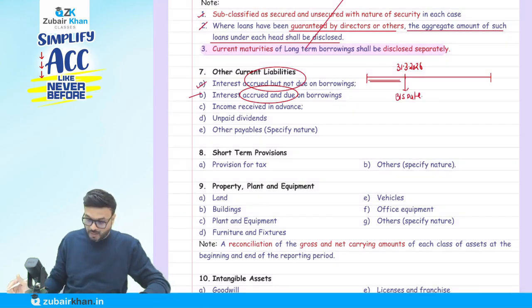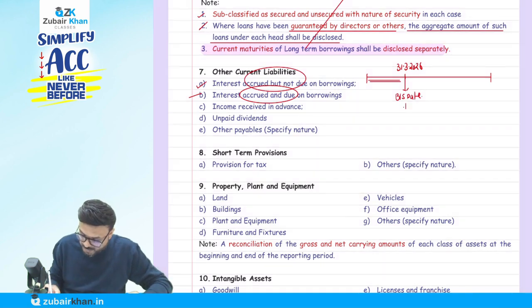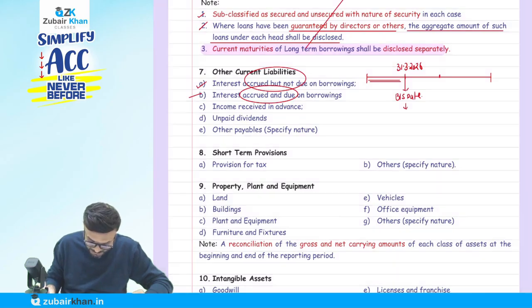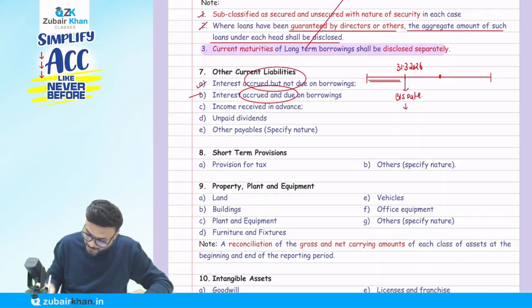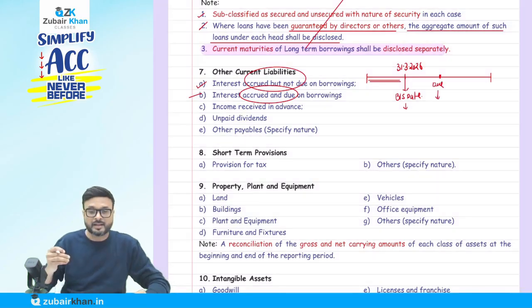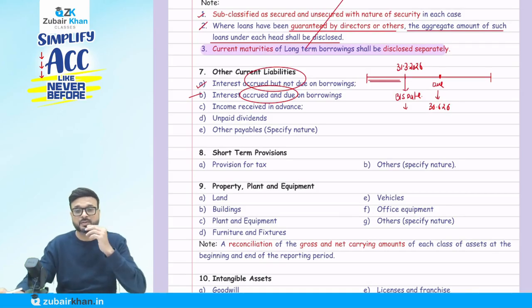Now on my balance sheet date, we follow the accrual system of accounting. For the purpose of interest, the bank tells us to pay the interest on 30th of June 2026. But we follow the accrual system of accounting.